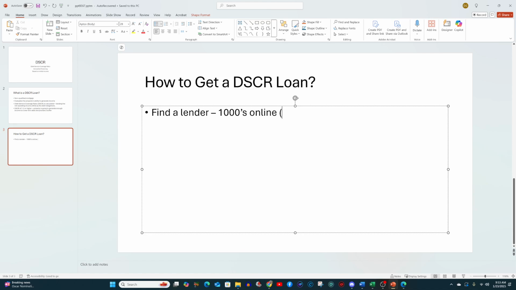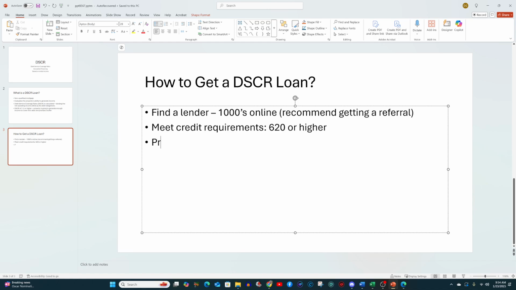I would recommend getting a referral from someone that has used a DSCR lender and is familiar with them and knows that they're reputable and good, etc. There are some credit requirements. It's typically pretty low, so they're typically looking for something like a credit score of 620 or higher. The threshold is really low on that because they know it's going to be an income generating property.